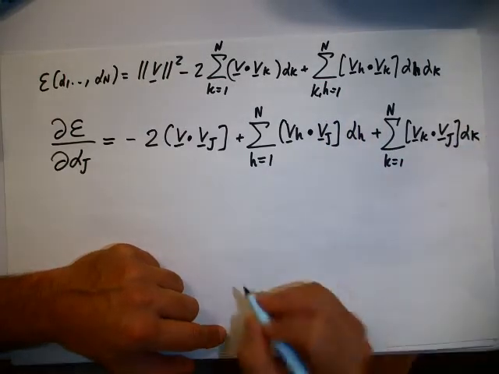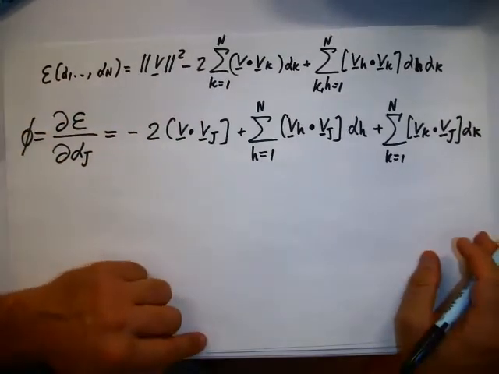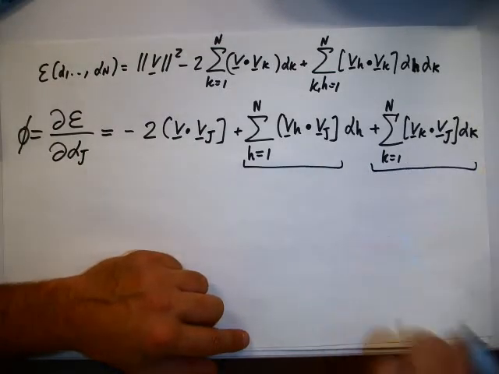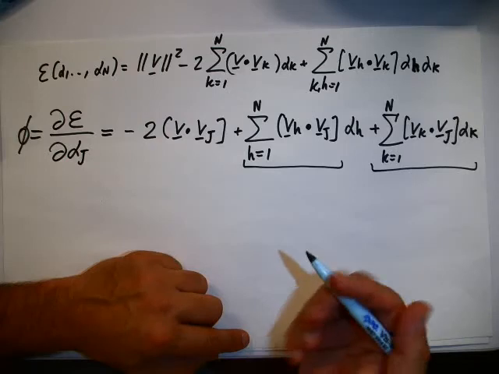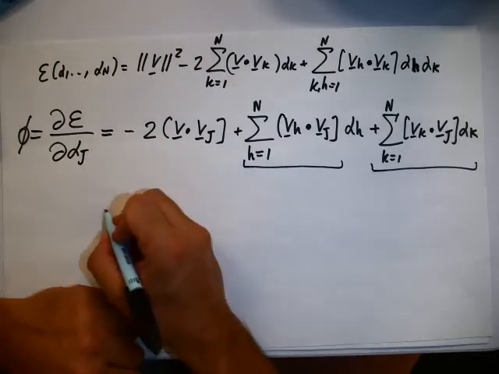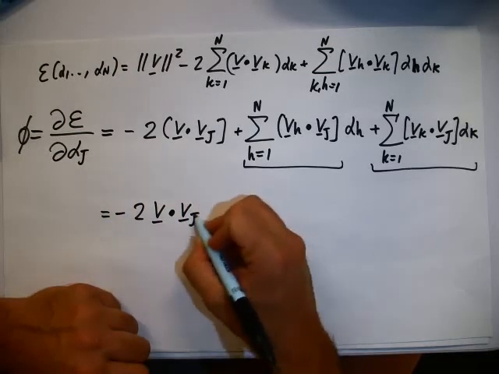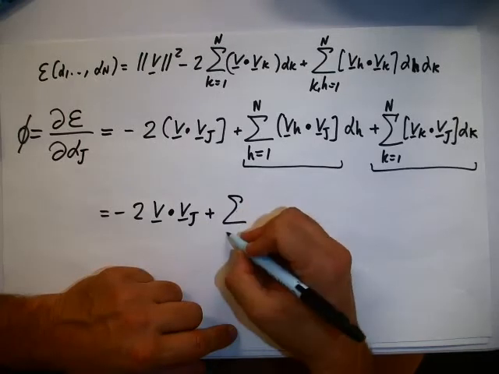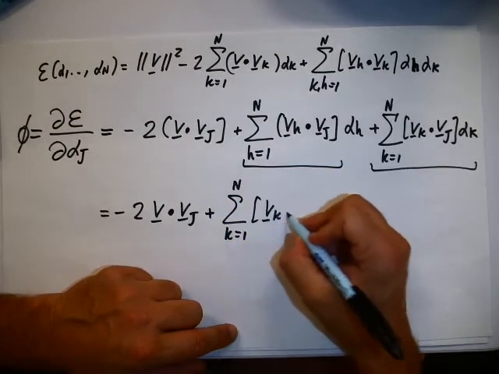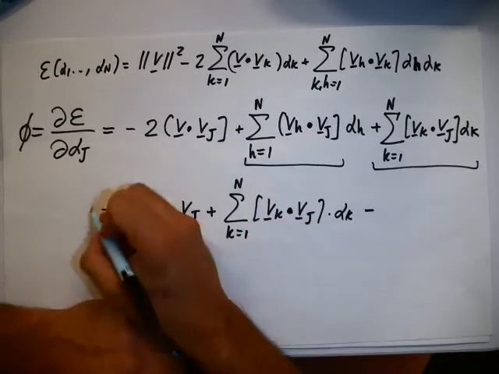And of course we want this quantity to be 0. Now you see that this term and these terms are basically the same. It's just that I'm using a different index. So I can rewrite this quantity as minus 2 v dot v_j plus the sum from k equal 1 to n of v_k dot v_j times alpha_k has to be equal to 0, for j equal 1 to n.